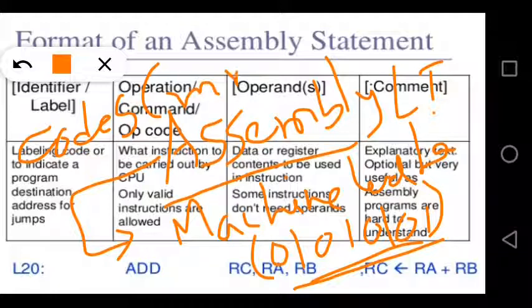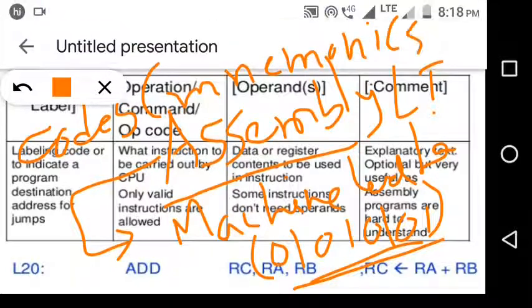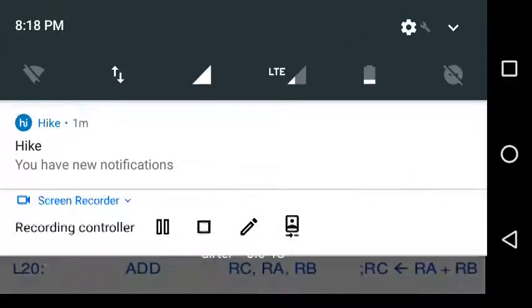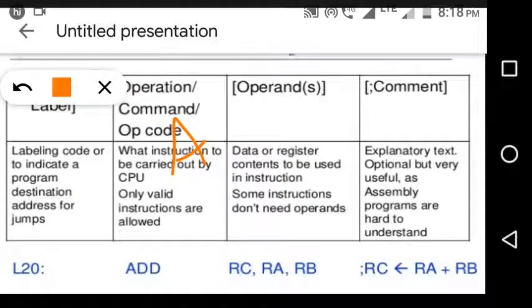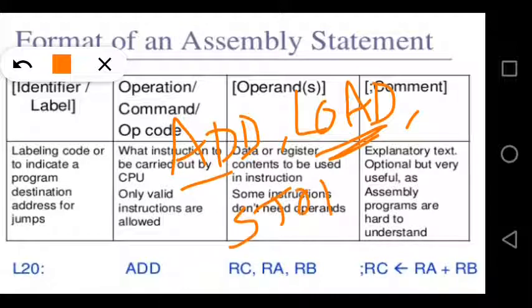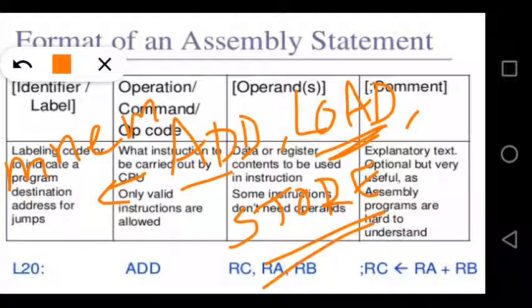These codes are called mnemonics. Examples of assembly language instruction mnemonics are add, load, store, something like that. These are called mnemonics.